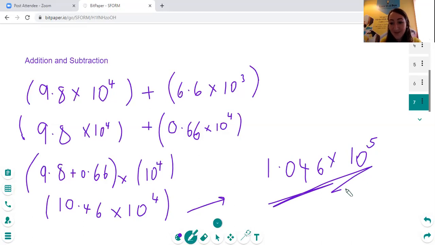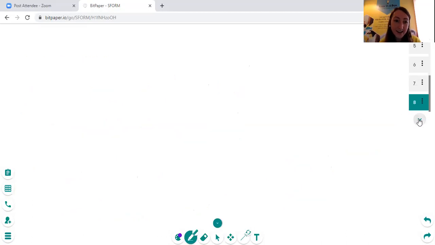Okay. So let's have a look at another addition and subtraction. This one is going to be a subtraction one, okay? So we're going to have 7.6 times 10 to the power of 5.